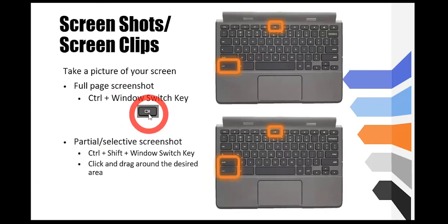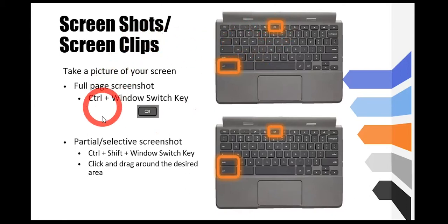The window switch key is a box with two lines, and it's located above the number 6 key on your keyboard. That's the window switch key. So if you press Control and window switch, it will take a picture of your entire page. And then it will pop up in the bottom right corner and tell you that the picture has been taken, and you will have the choice to copy it or just find it later in your downloads.